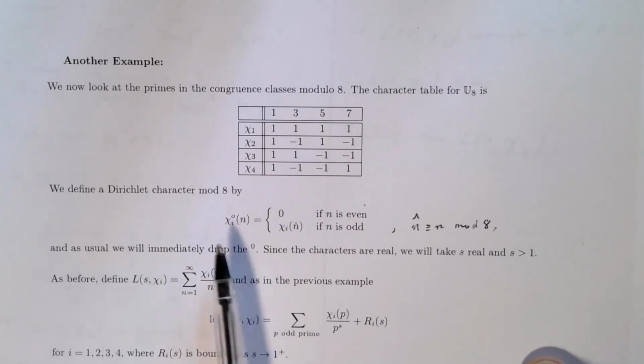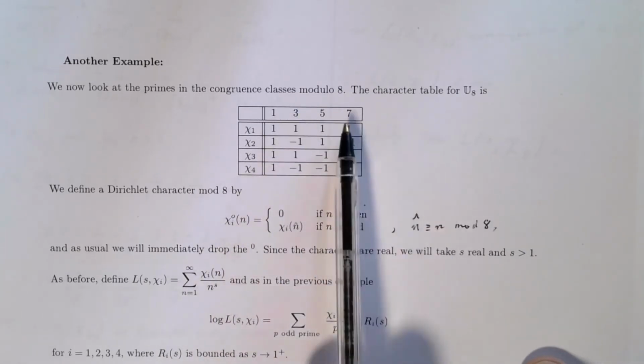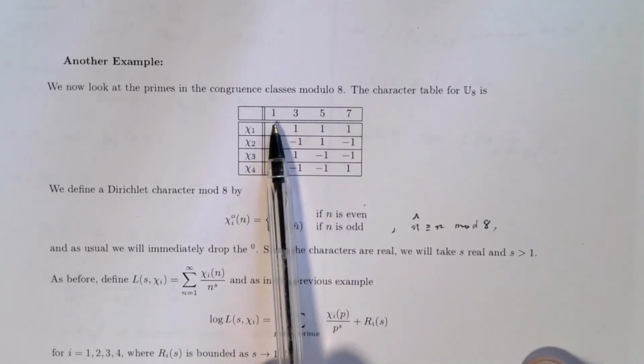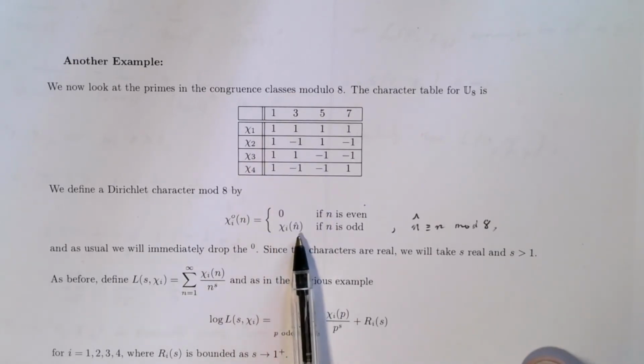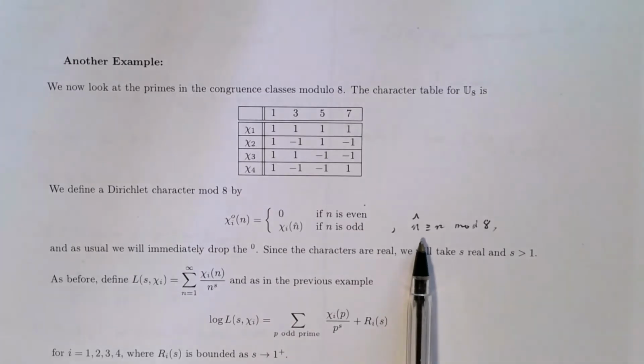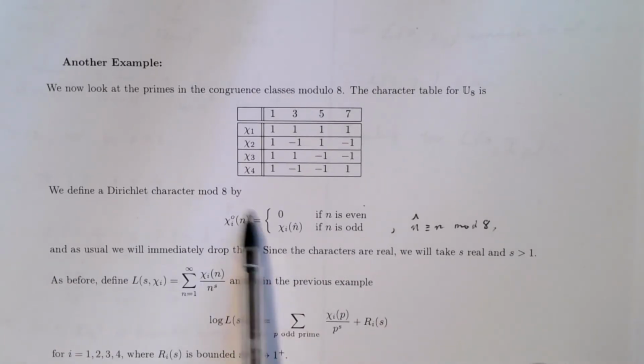And then if it's an odd number, so it'll be congruent to one of these four numbers modulo 8, that will simply be chi i of n hat, where you take n and you read it mod 8 and you get n hat. Now, as before, I'm going to drop the superscript 0 and just look at this Dirichlet character here.